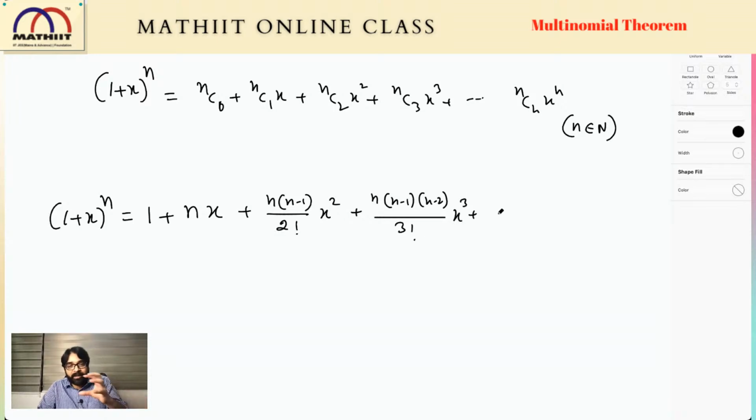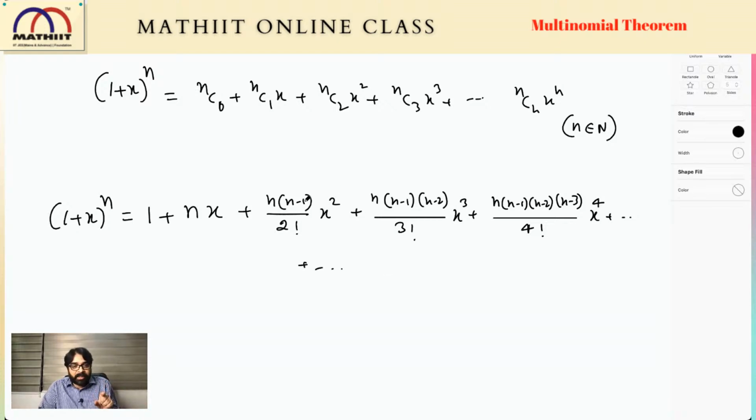Can you understand the pattern? nC4: n into (n minus 1) into (n minus 2) into (n minus 3) by 4 factorial into x power 4, plus so on, so on.